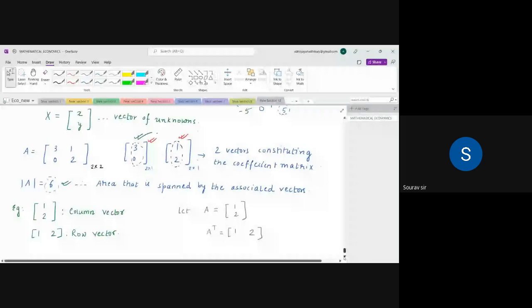So if I'm trying to plot this graphically, what am I looking at? What is the idea of a vector or a matrix? This is my XY plane, or 2D plane, whichever way you call it. Let's say I want to plot this vector A. The first component is the x-axis component, and the second component is the y-axis component.